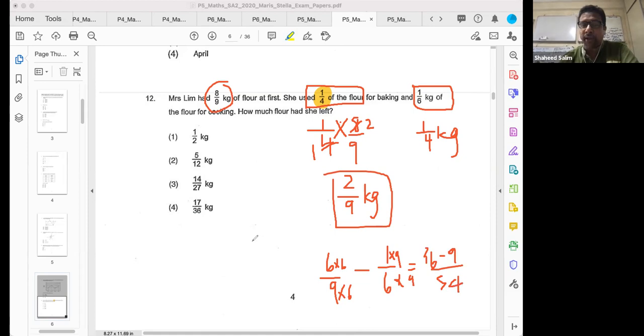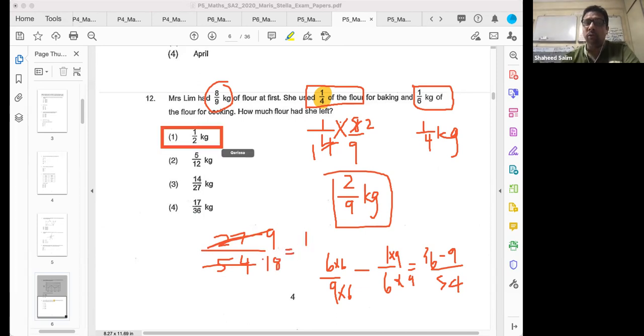When you minus, you can divide both by 3. Divide by 3, you get 9 here and 18 down here. Divide by 9, you get 1 here and 2 down here. So 1 over 2, half.